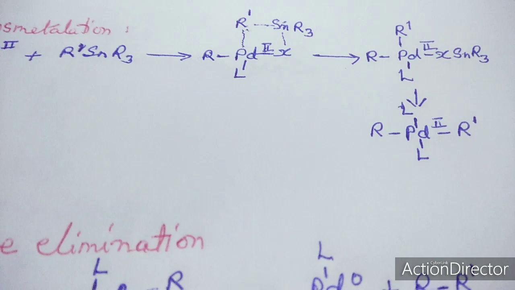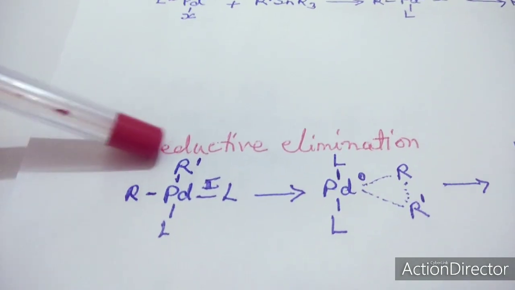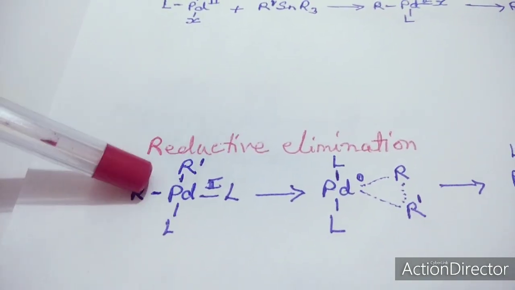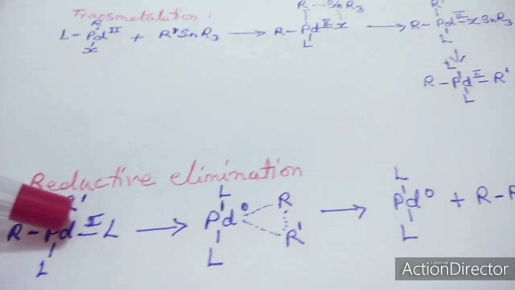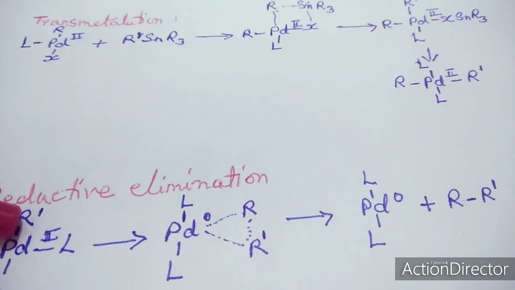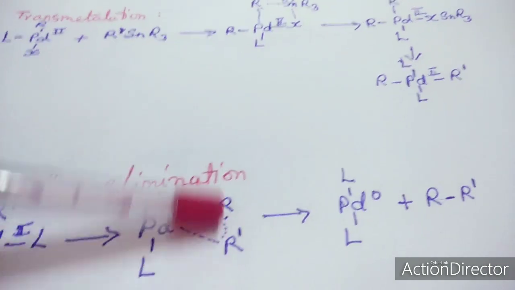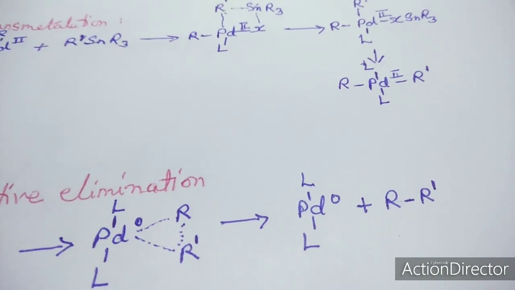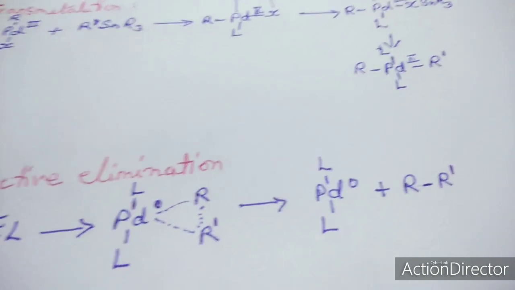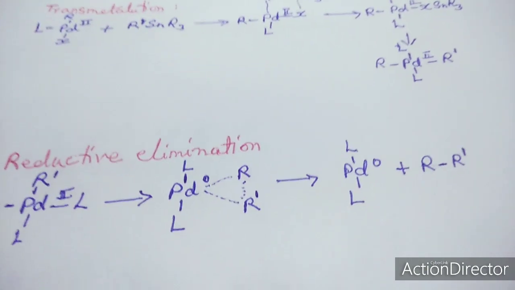Prior to reductive elimination, because this is a trans product, it undergoes trans isomerization so that R and R1 are able to couple, and Pd2 is again changed to Pd0. Reductive elimination is just the opposite of oxidative addition. So R and R' are coupled to form the product, and Pd0 is formed.